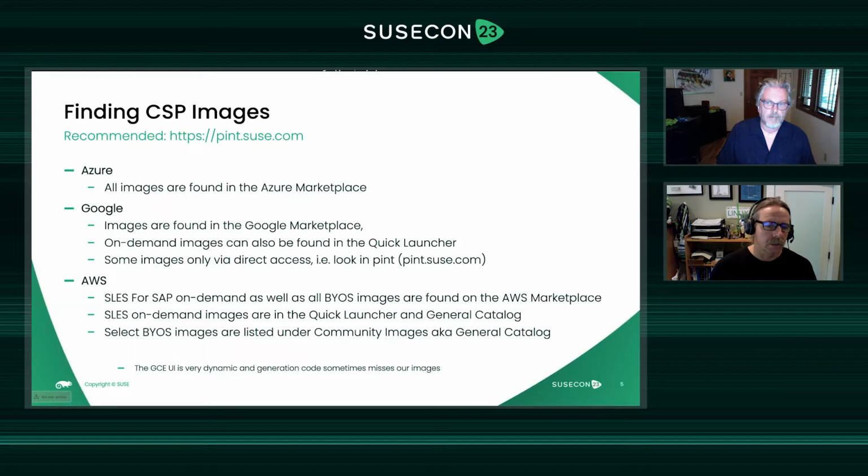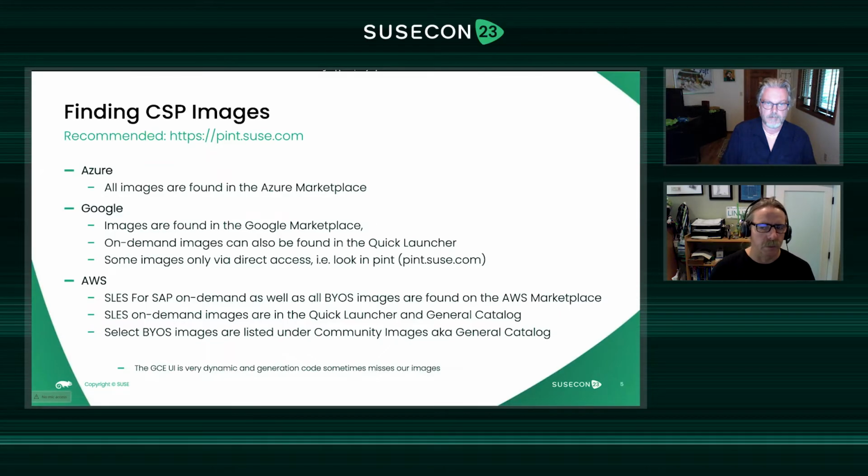And then, here we'll talk about where you find the image within each provider. So in Azure, there's the marketplace, and you can find all SUSE images in the marketplace. So that's pretty straightforward. In Google, most of our images are aggregated into the Google Marketplace.